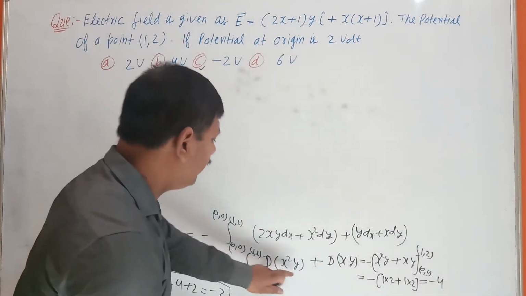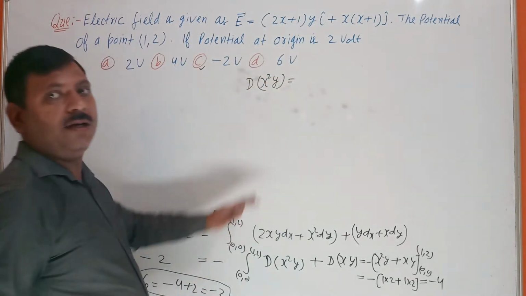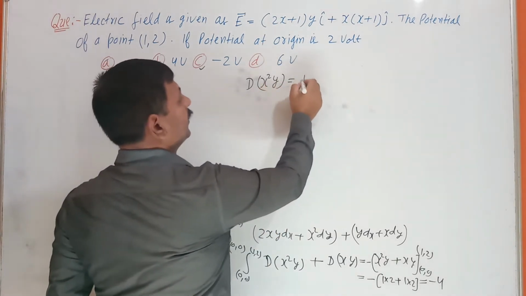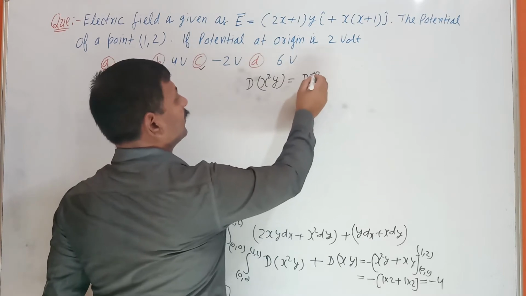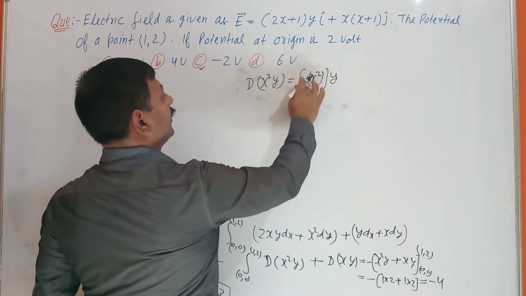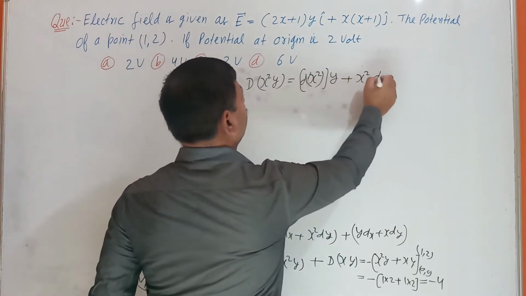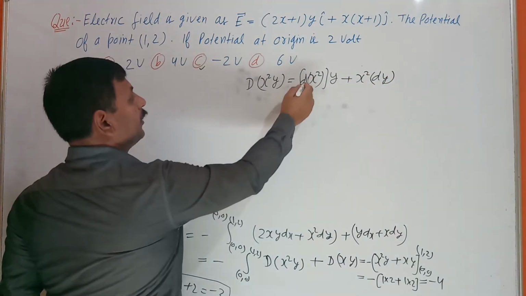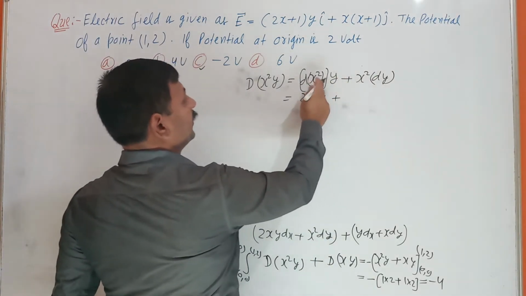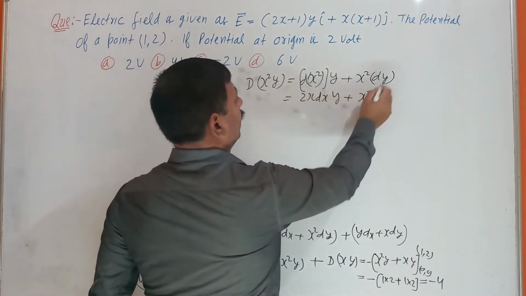See here, d(x square y). Firstly we will see that it is in the form of a multiple-function differentiation. If you apply the product rule, what happens? Differentiation of the first, x square, times the second, plus the first times the differentiation of the second. The differentiation of x square is 2x, so 2xy dx, and x square dy.